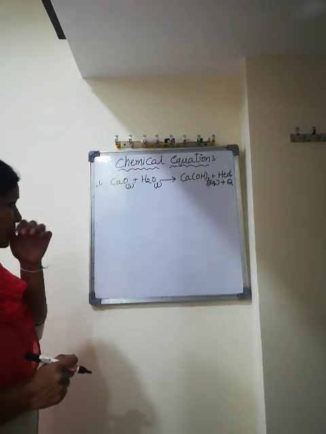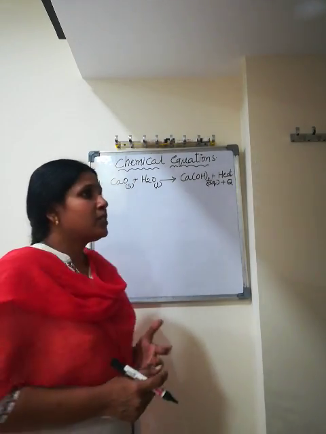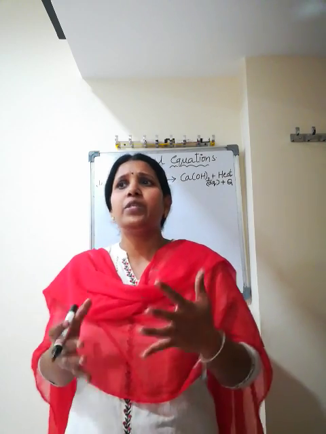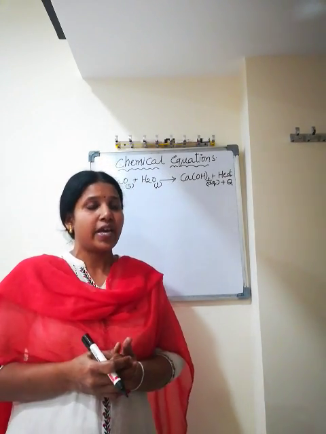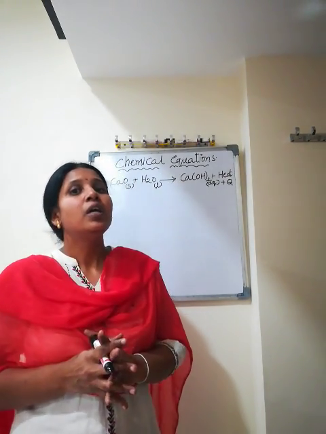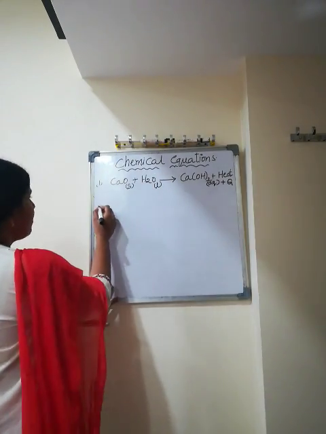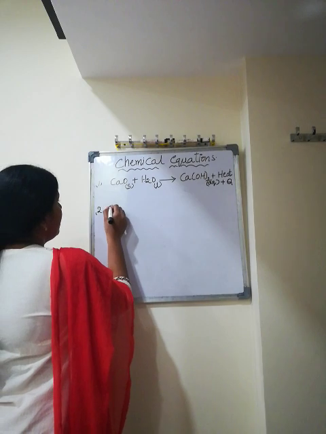The second one is by expressing precipitates formed in any reaction. If any precipitate is formed in a reaction, we can represent that precipitation with a down arrow. Now I am writing that equation.